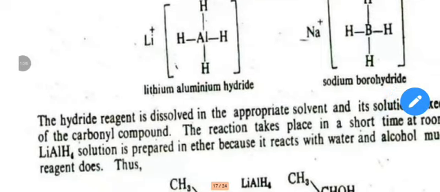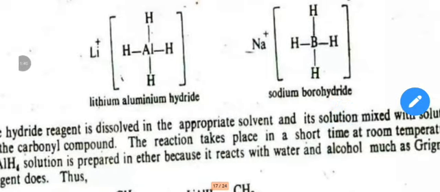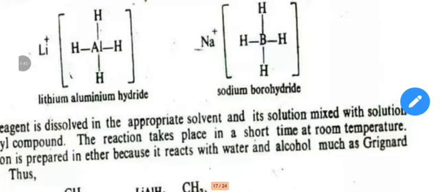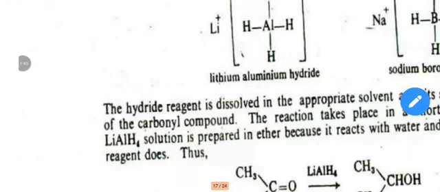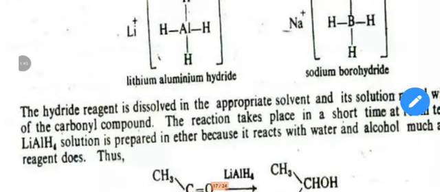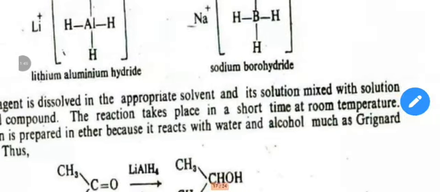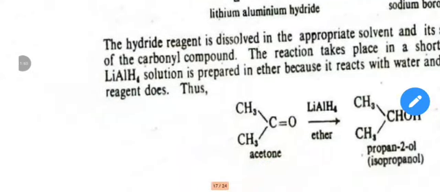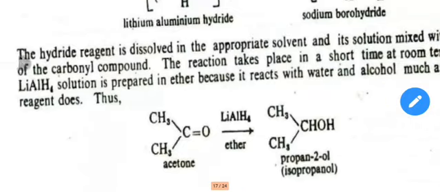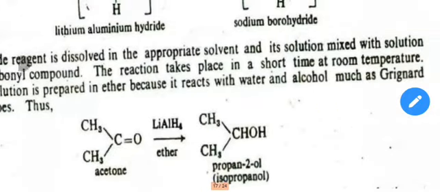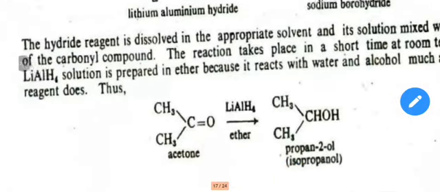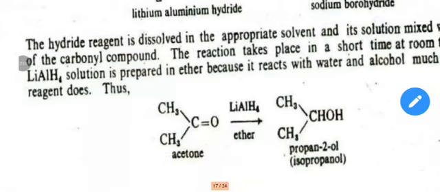The hydride reagent is dissolved in the appropriate solvent and its solution mixed with the solution of the carbonyl compound. The reaction takes place in a short time at room temperature. Lithium aluminum hydride solution is prepared in ether because it reacts with water and alcohol, much as Grignard reagent does.